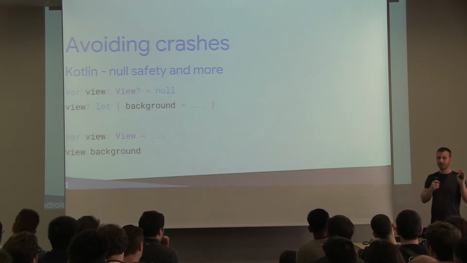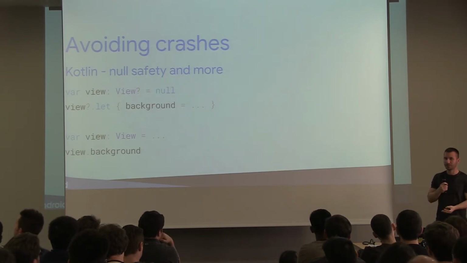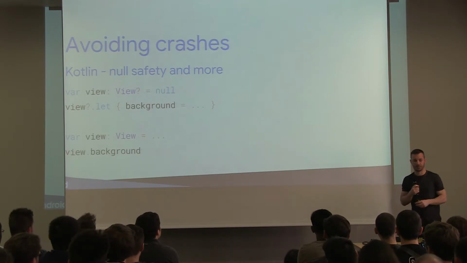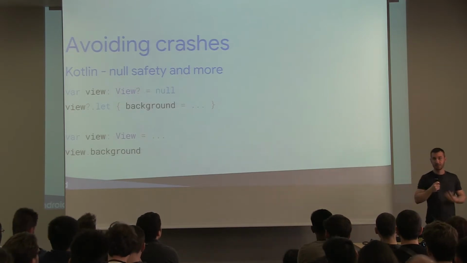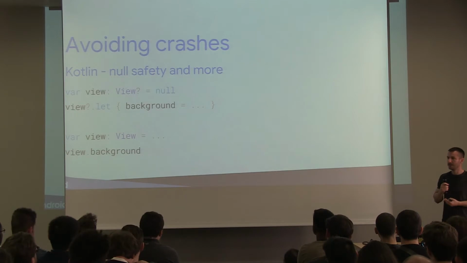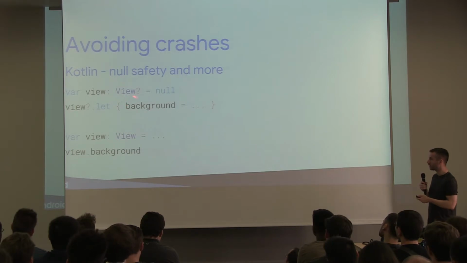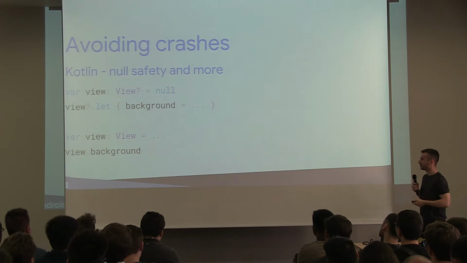Now, we can add stuff like nullability annotations to Java, but it's not a feature of the language. So we only have tools that make it better for us. Whereas Kotlin has nullability built into the language, and every variable that you declare has to be specifically made nullable by this question mark.